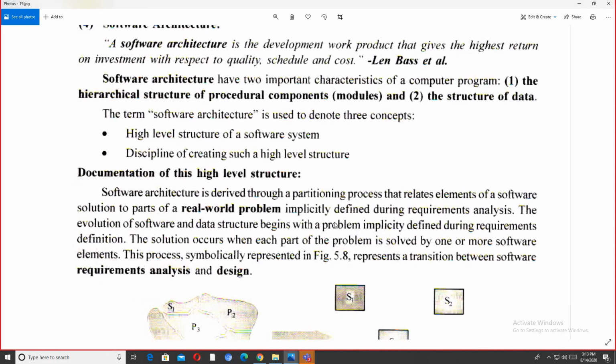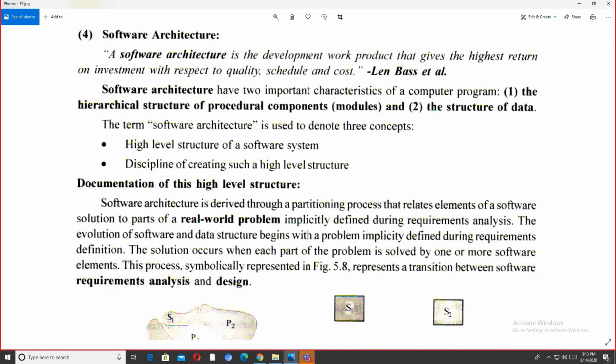Now let us talk about software architecture. We have already talked about hardware architecture. Now let us see what software architecture is. Software architecture is the development work product that gives the highest return on investment with respect to quality, schedule and cost.